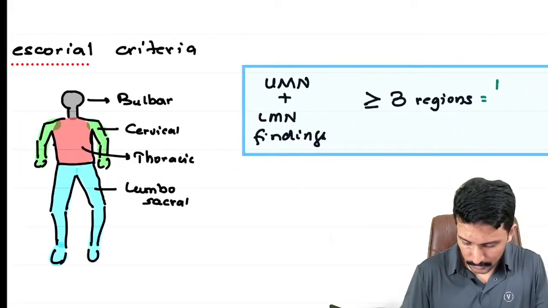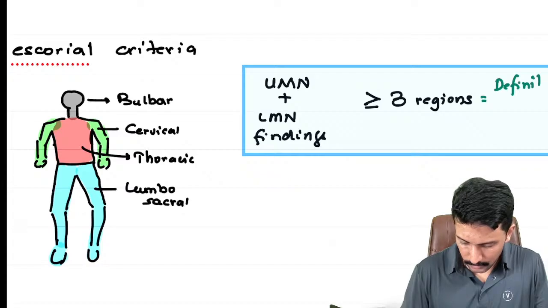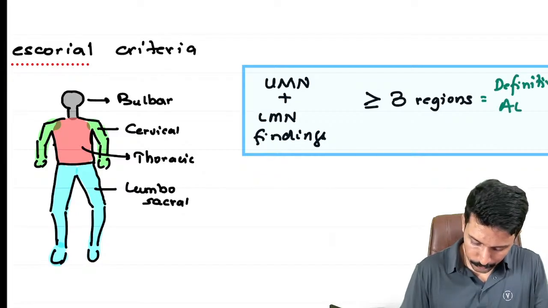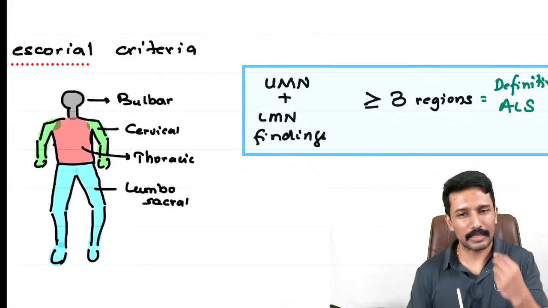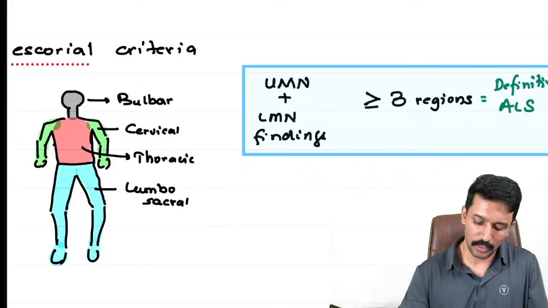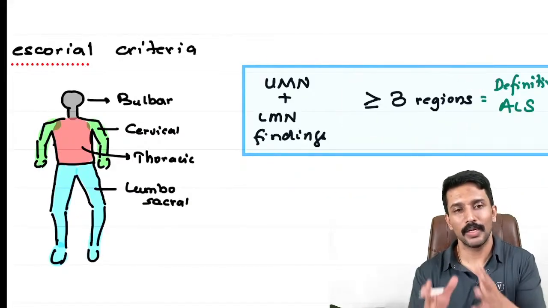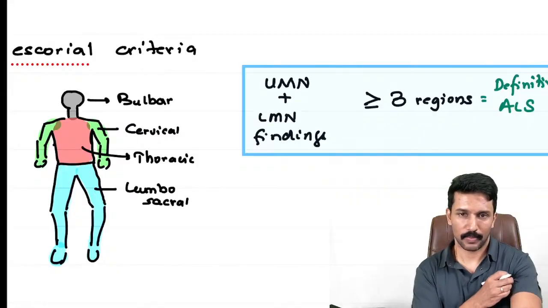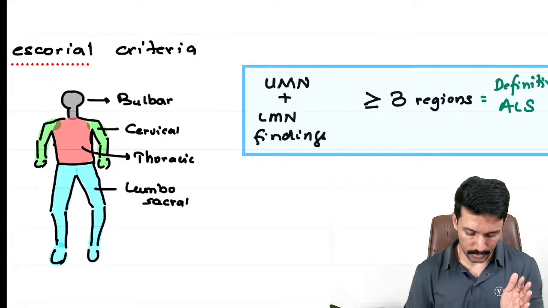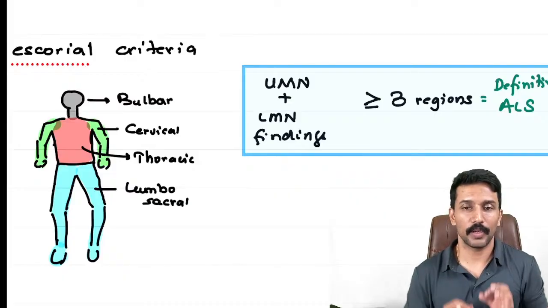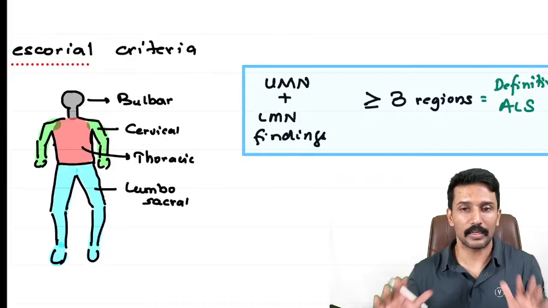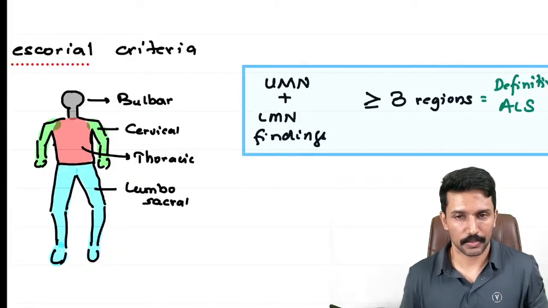That means we have definitive amyotrophic lateral sclerosis. The MCQ they have asked so far, even in NEET PG, is how many regions should show LMN and UMN findings. If 3 of the regions that we have listed here show LMN and UMN findings, it is amyotrophic lateral sclerosis on clinical grounds without any investigation.